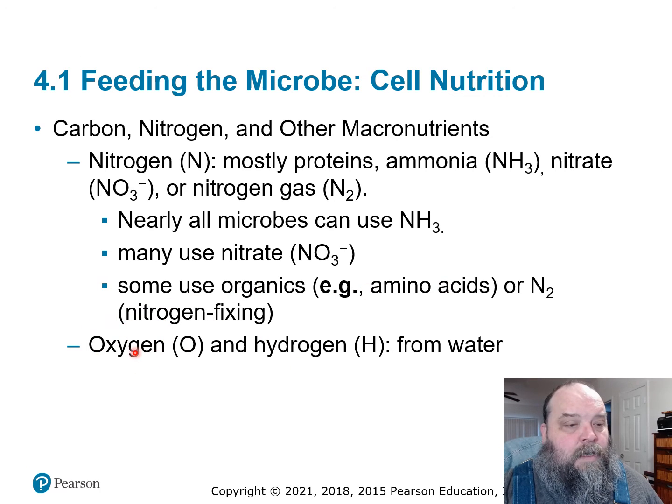Other organisms that need, all of us who need oxygen, hydrogen, well, we're going to get that from water. This is the oxygen you're going to find as a part of the carboxyl functional group or a carbonyl functional group, not the oxygen you're going to need for the final electron acceptor.